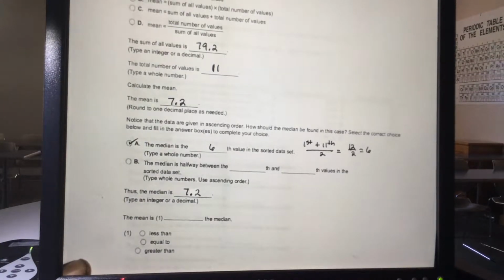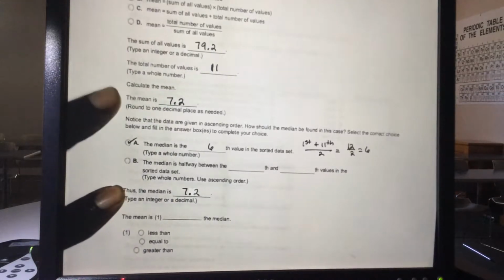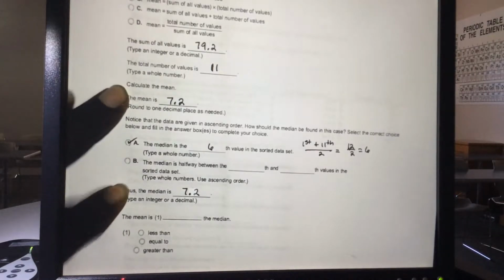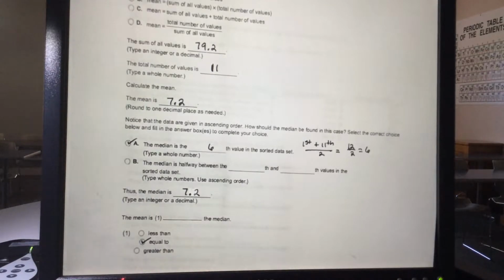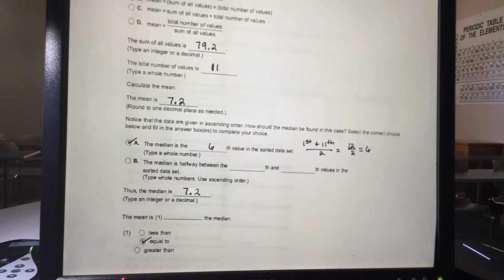Now, the mean is either less than, equal to, or greater than the median. Well, compare the median with the mean. You can see that the mean is equal to the median. So we select equal to there.